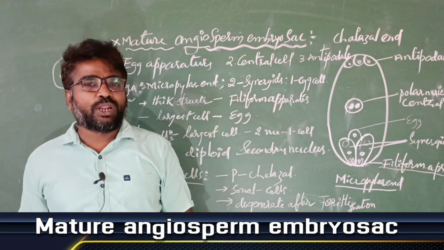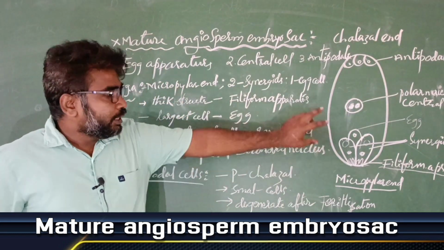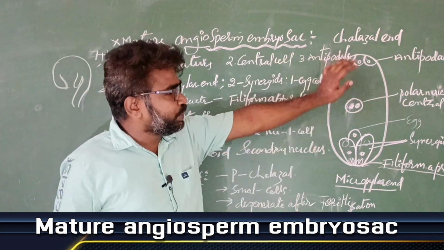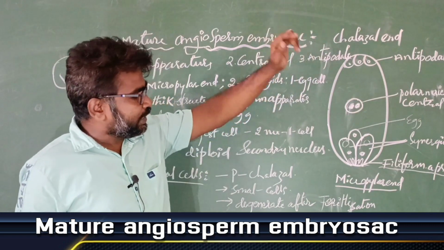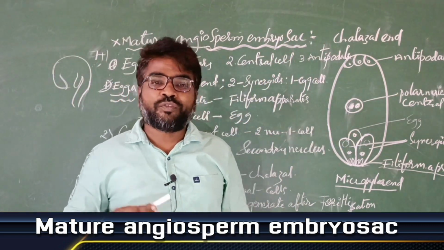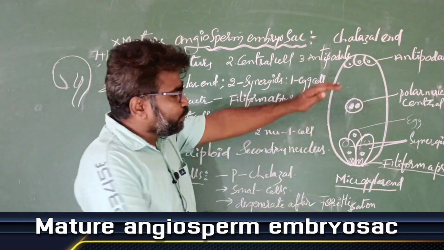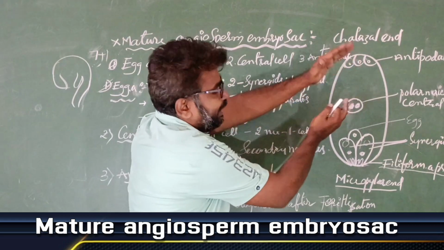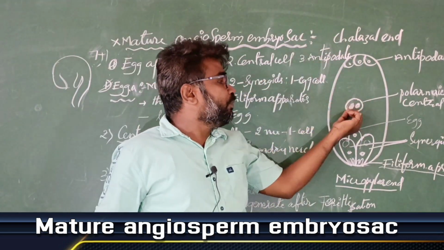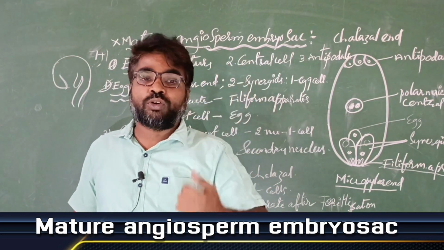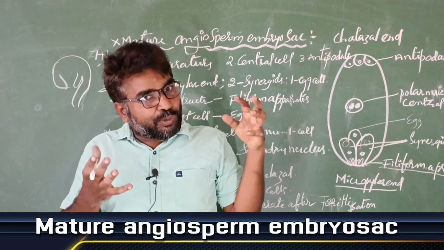Why do we call them polar nuclei? The central nucleus is formed from the fusion of two nuclei, one from the antipodal side and one from the egg apparatus side. At the time of the development of the embryo sac, two nuclei move to the center and fuse to form the central cell.